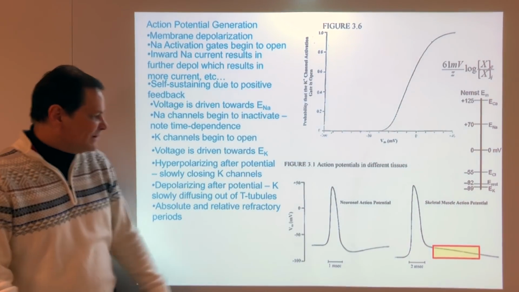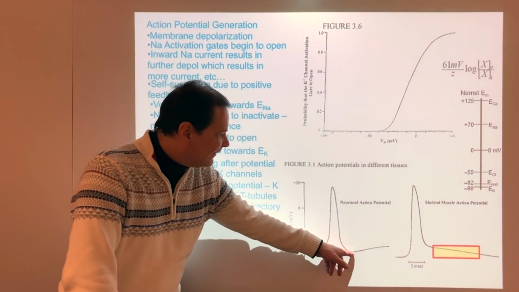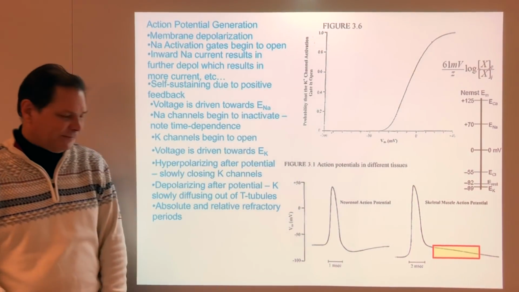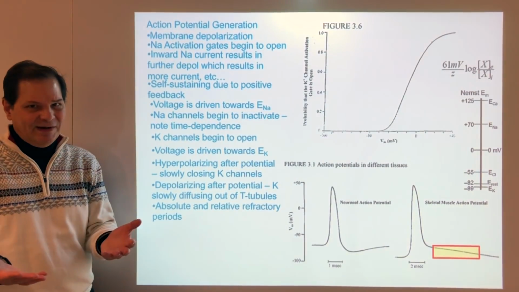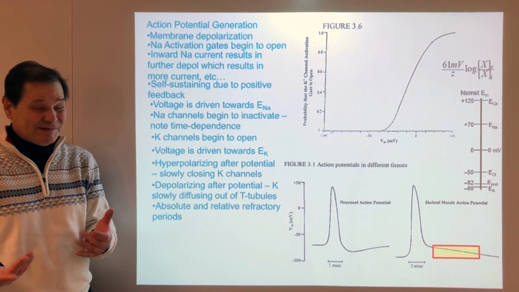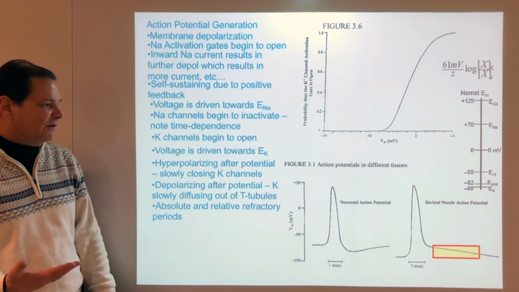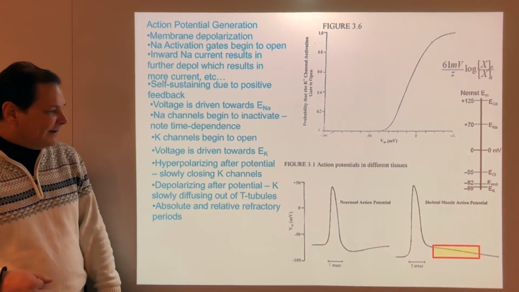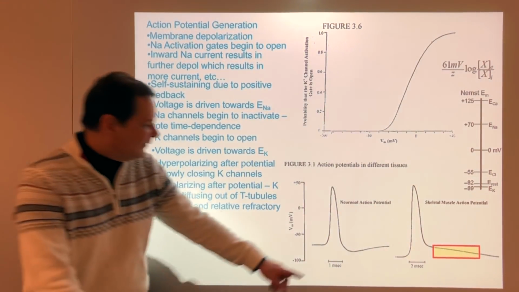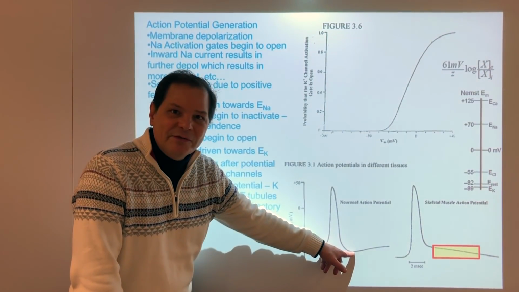And then as they gradually recover, during this hyperpolarizing after potential and during the depolarizing after potential, you get to the point where you can generate an action potential, but it's not a real great action potential. It's harder to generate, so we call that the relative refractory period, where you can kind of get one, but it's really hard. And not only are the sodium channels recovering, in this phase you've actually got potassium channels in the hyperpolarizing after potential.